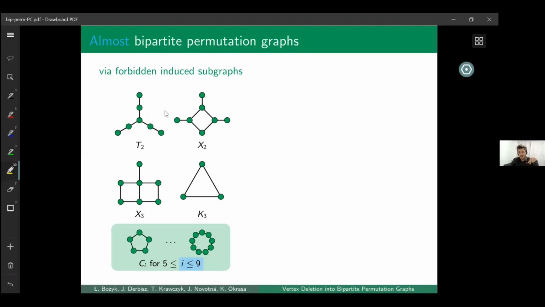So this is a class that we can reduce an arbitrary graph to by an FPT algorithm. And what we prove is that actually this word almost, when defined in terms of forbidden subgraphs, may be considered almost in terms of this ordering of vertices.